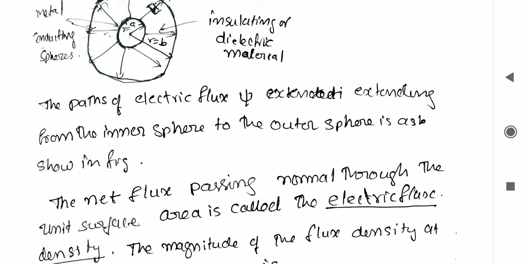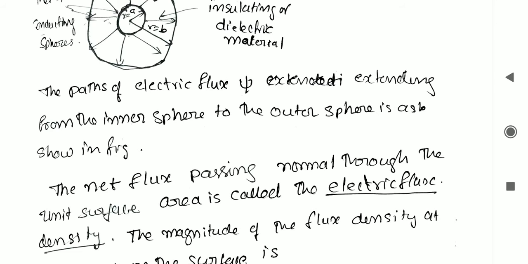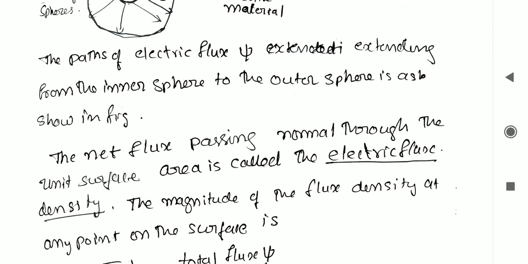In other words, the net flux passing normal to the unit surface area is called electric flux density.